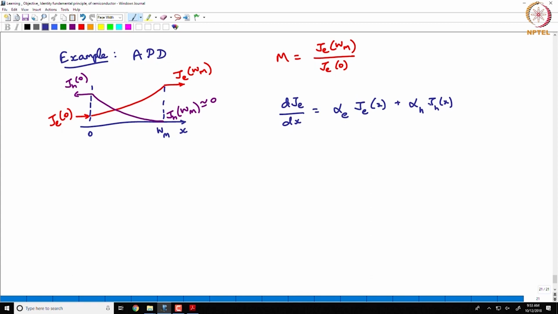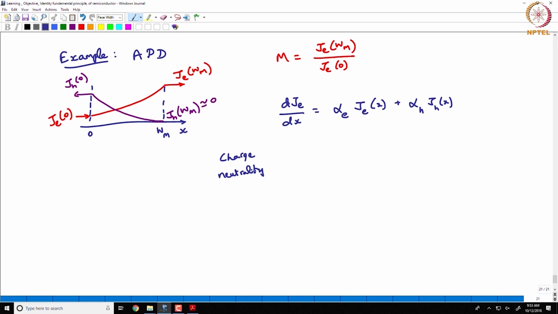Okay, you could have electrons generated due to impact ionization by holes. Now we need to solve this and get that expression for the multiplication factor. But to solve that, we can make some assumptions. First of all, you have charge neutrality. Charge neutrality says that you are always generating electrons and holes as pairs.